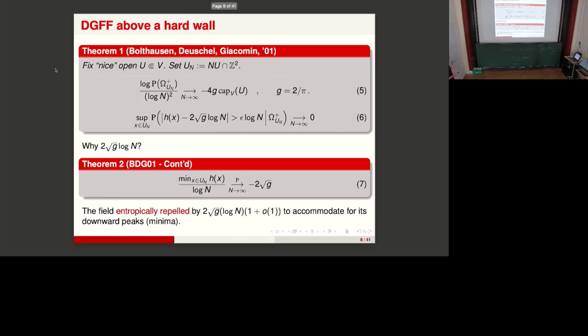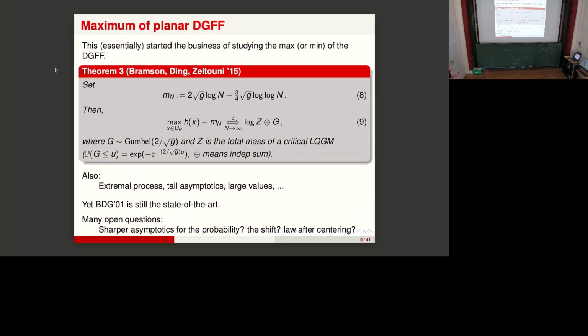And the point is that now we know much more than just this. In fact, we know a lot about the maximum and the minimum. In particular, the field is symmetric, so I'll talk about the maximum because then I'll avoid using a minus sign.